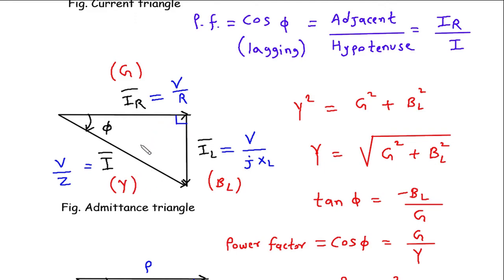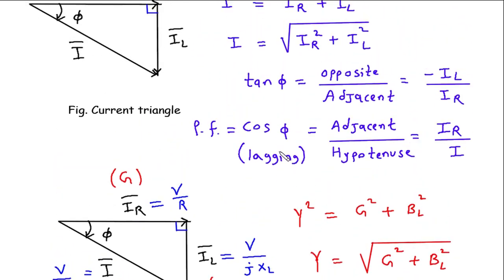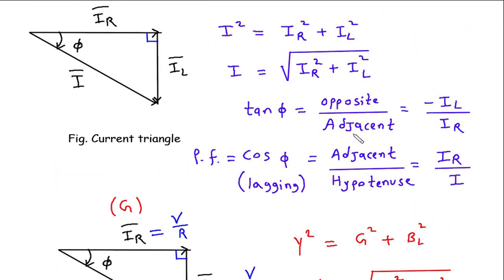Now again this is a right angle triangle. So using Pythagoras theorem, Y square is equal to G square plus BL square. So from this, Y is equal to under root of G square plus BL square. Now again tan phi is equal to opposite upon adjacent.